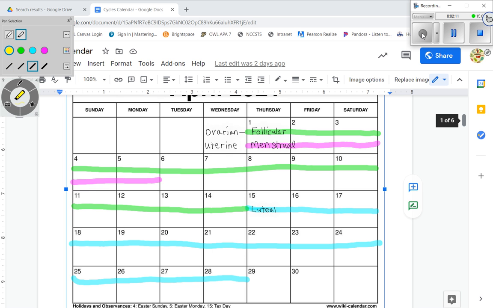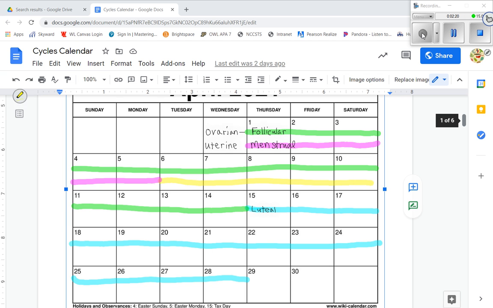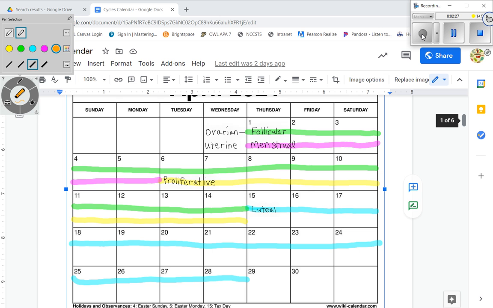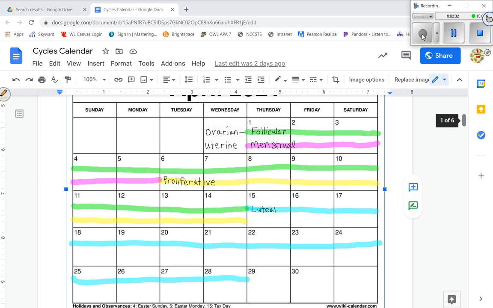Now I am going to get another color to represent the proliferative phase, and that one lasts for days 6 through 14. So proliferative coming on here. And the last phase of the menstrual cycle is the secretory phase, and it lasts from days 15 through 28.